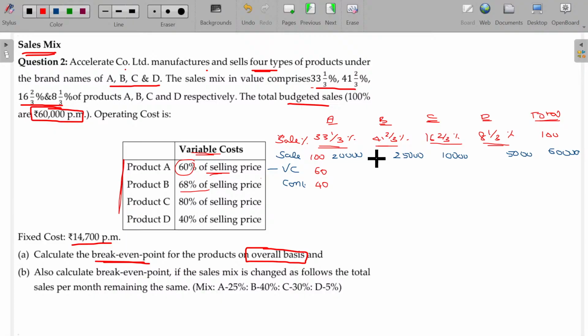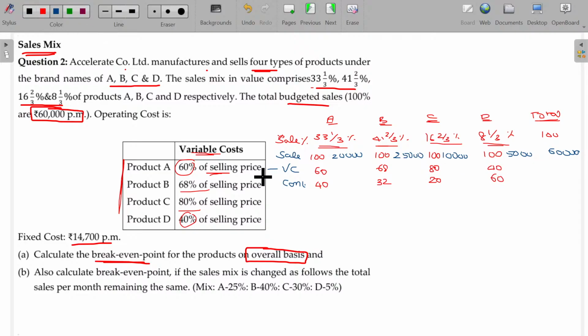For B, 100 rupees sales, variable cost 68, contribution 32. For C, 100 rupees sales, 80 rupees variable cost, contribution 20 rupees. In case of D, 100 rupees is the sales and variable cost to be 40% on sale price and contribution 60.